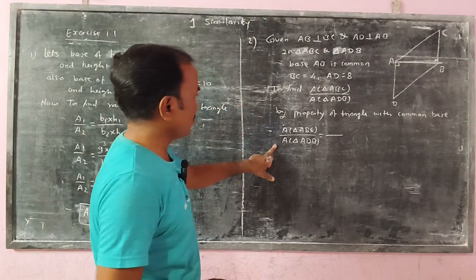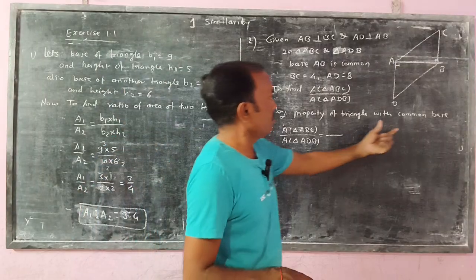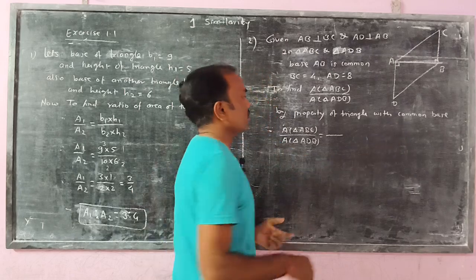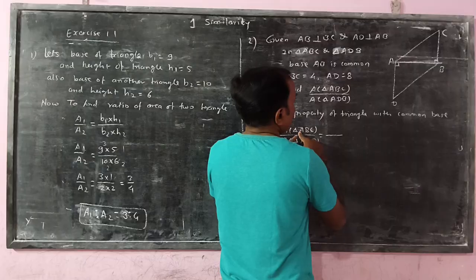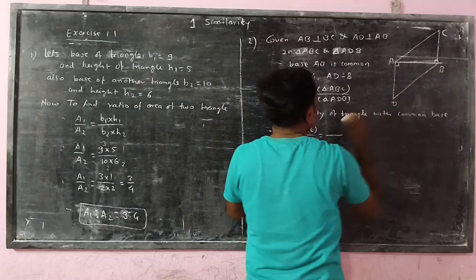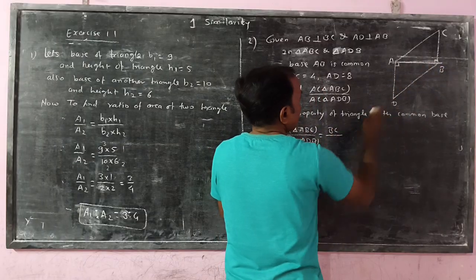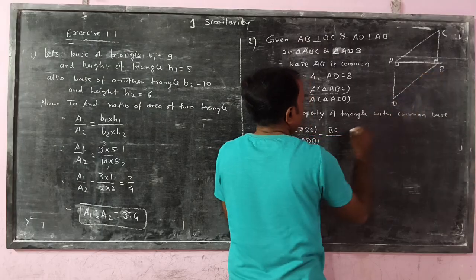The ratio of the areas of two triangles with a common base equals the ratio of their corresponding heights. That means the height of triangle ABC is BC and the height of triangle ADB is AD.